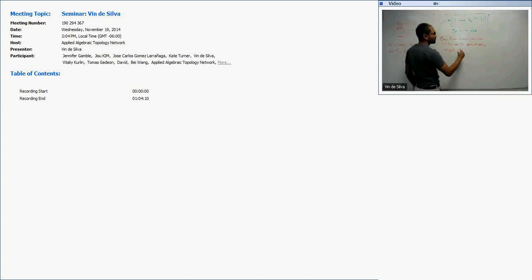And that is the classic Reeb graph. And I'm going to say a few more things about what these conditions are and to sort of remind you what the Reeb graph looks like.